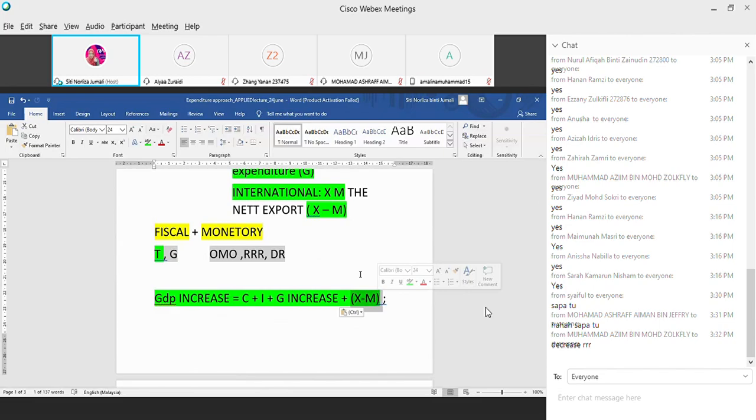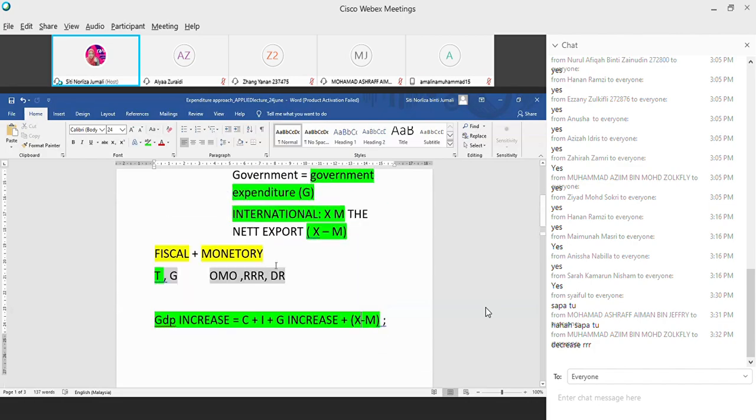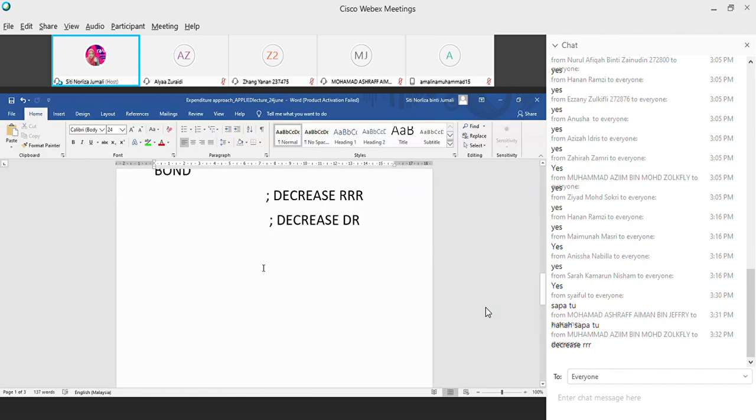Because I already dropped that topic, as long as you understand that an increase in export will increase GDP, whereas an increase in import will decrease GDP. When GDP decreases, AD will shift to the left. So I already finished this. I'm going to stop this and go back to the slide.